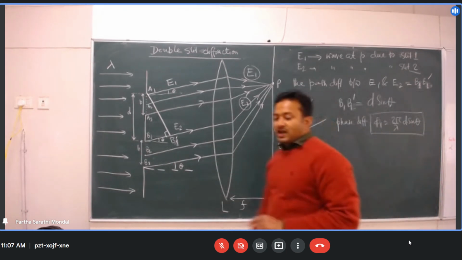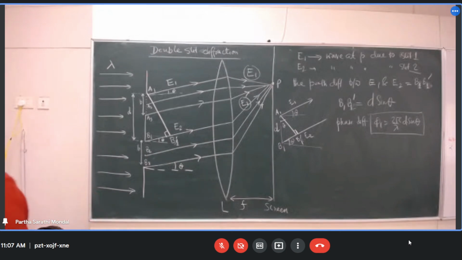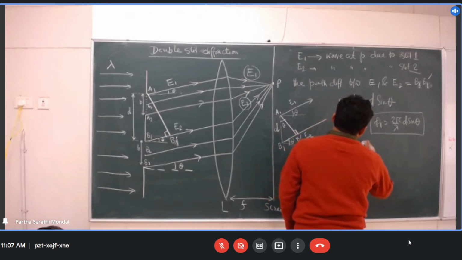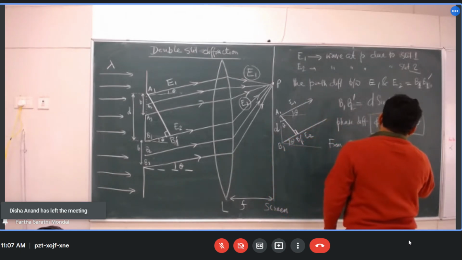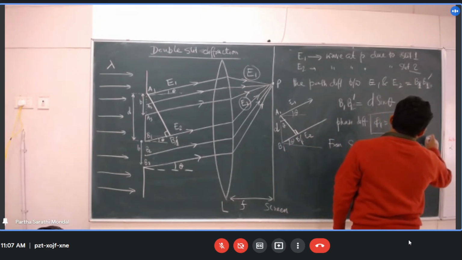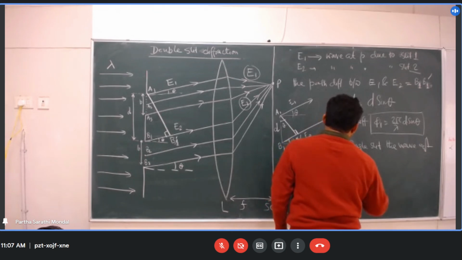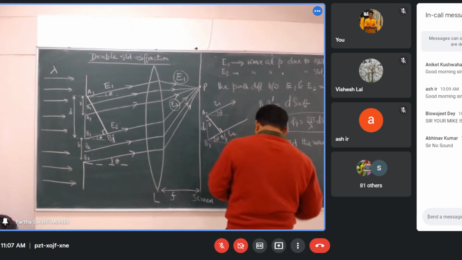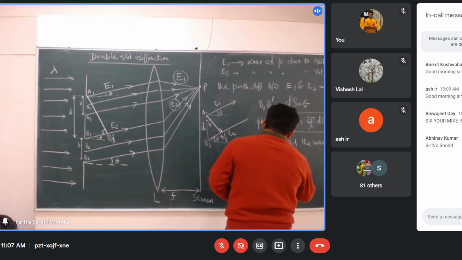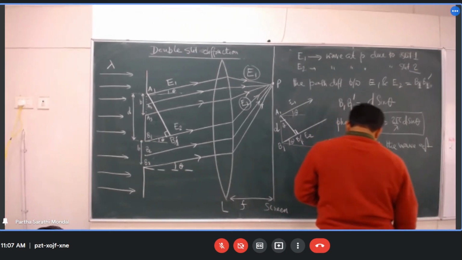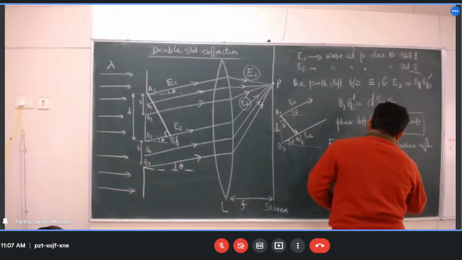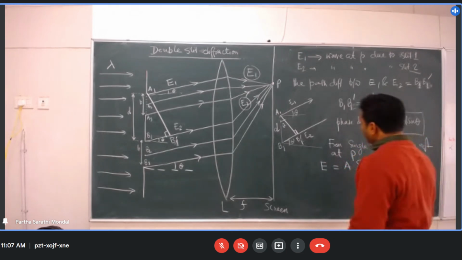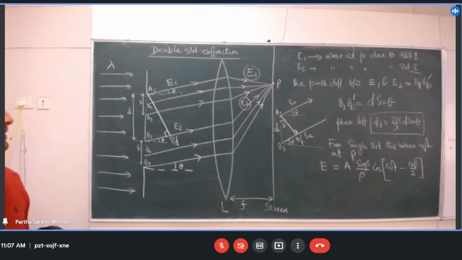So now we know that from single slit experiment, the wave equation at P कितना आया था आपको याद होगा, E इक्वल टू आया था आपका A sin beta by beta cos omega t minus n pi by 2, ये आया था ना, देखिए सिंगल स्लिट में.